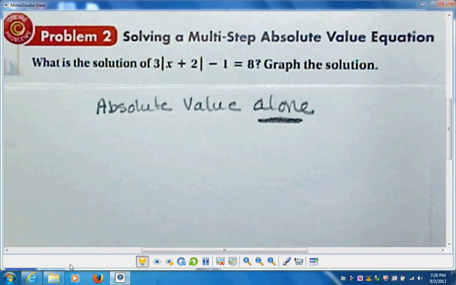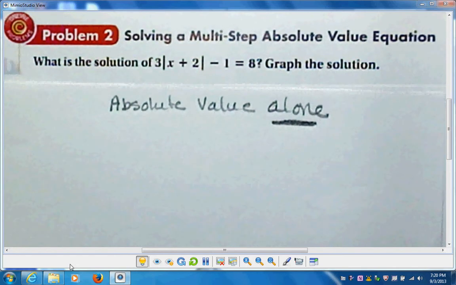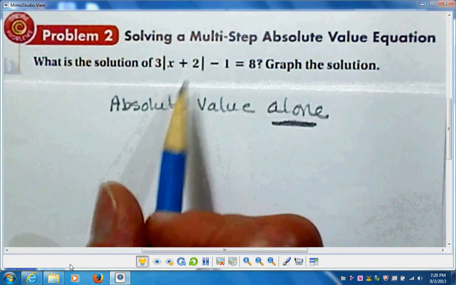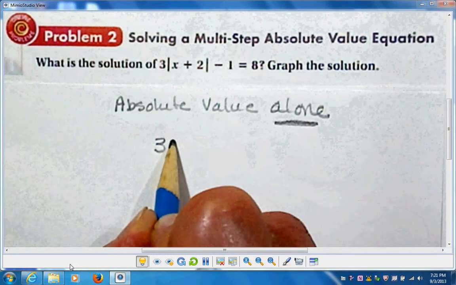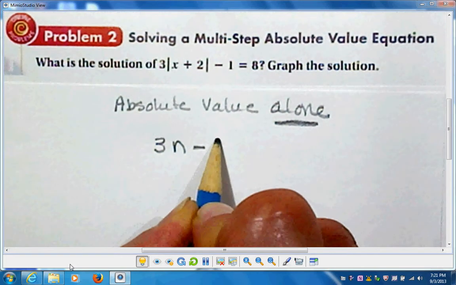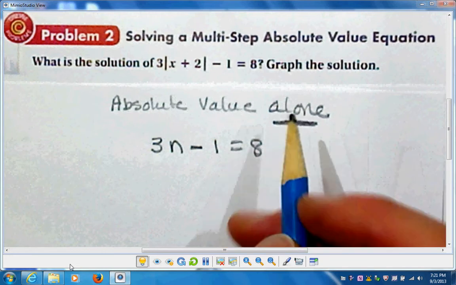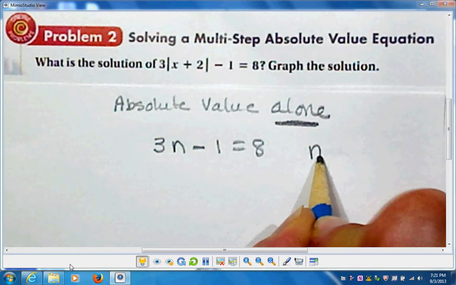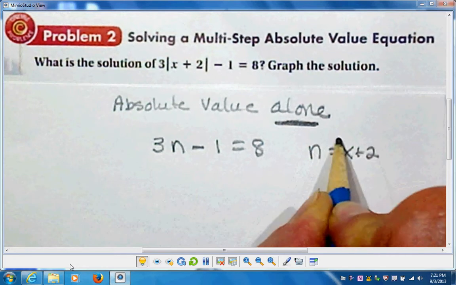So let's just review some algebra. Let's just pretend that this is 3 times some number minus 1 equals 8. Okay? Notice how I simplified it. I'm pretending n is equal to the absolute value of x plus 2.